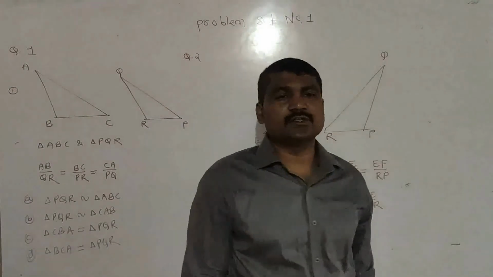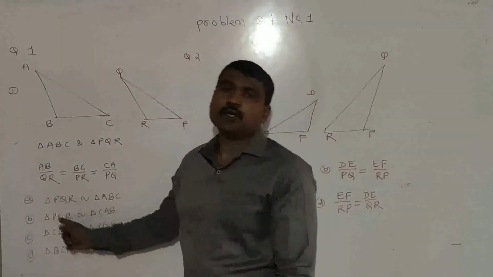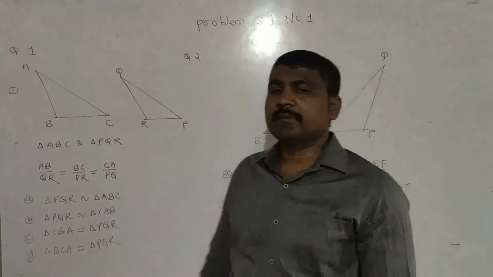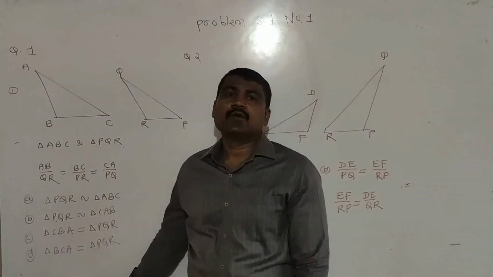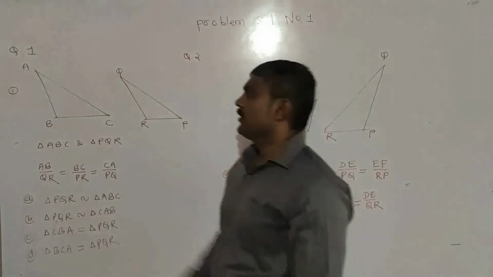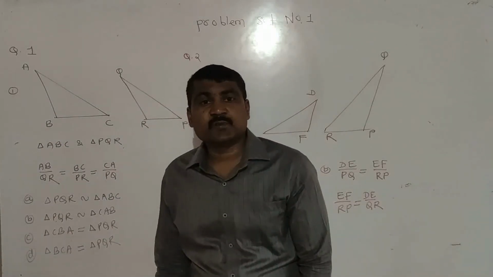Their explanation is not important here. You have to just choose the correct option. In this problem we don't have to write anything, we only have to choose the correct option. Okay, so here these two triangles are given and the ratio of the corresponding sides is given.